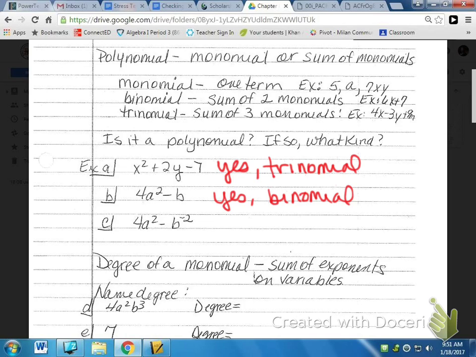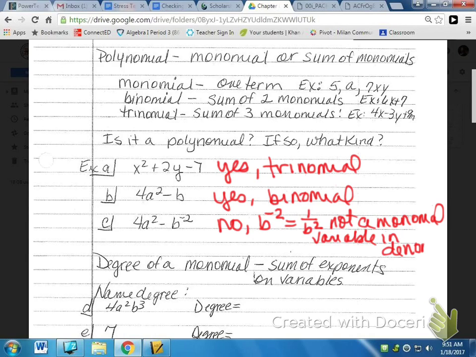All right, C. 4a squared minus b to the negative 2 power. No. And why not? Right, because b to the negative 2 is 1 over b squared. In other words, I've got a variable in a denominator.